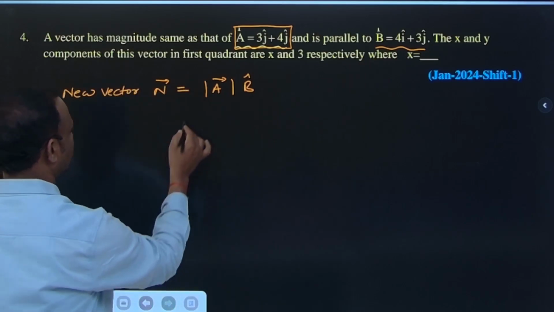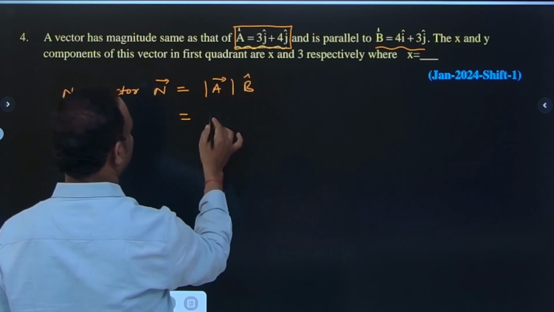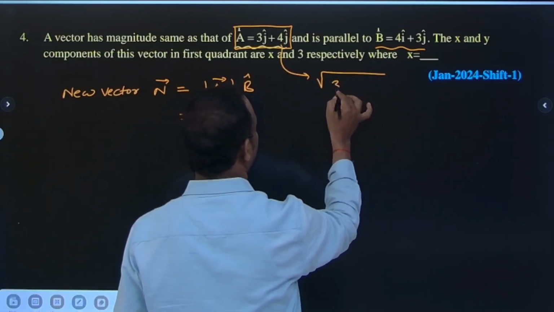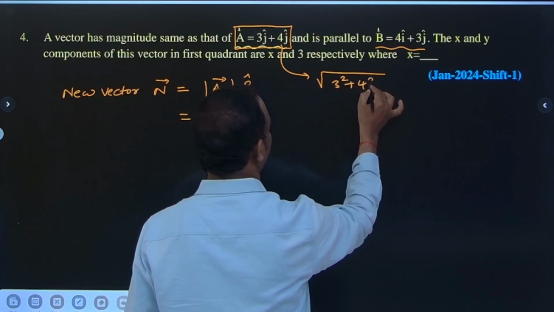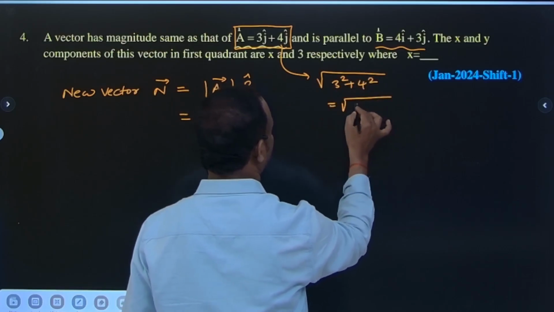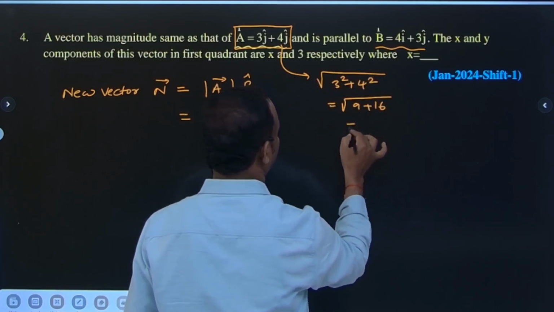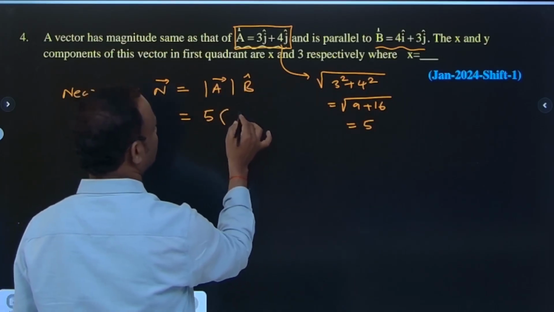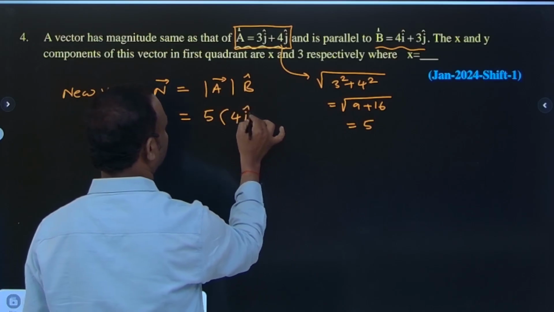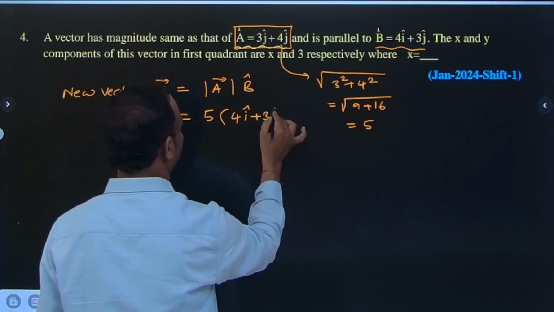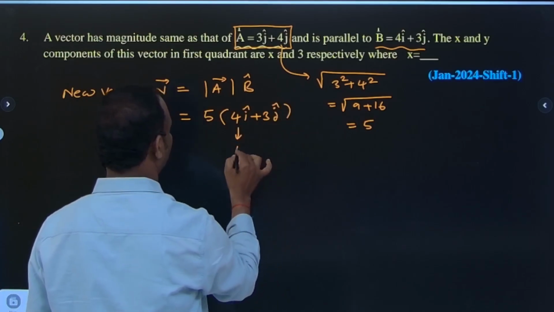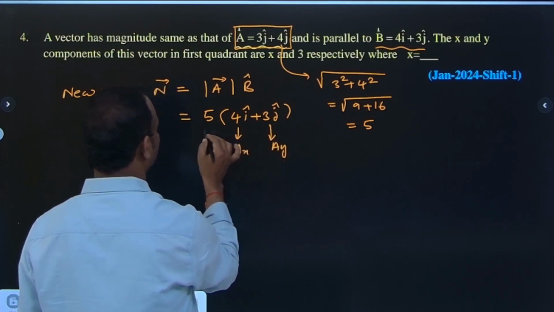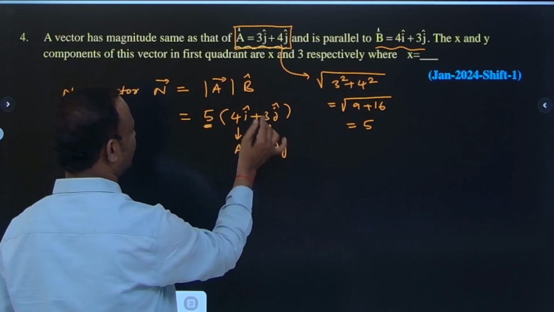So what is the magnitude of this? It becomes the square root of 3 square plus 4 square, which is 9 plus 16. This is 5. So 5 times 4i cap plus 3j cap. So this becomes Ax, this becomes Ay.